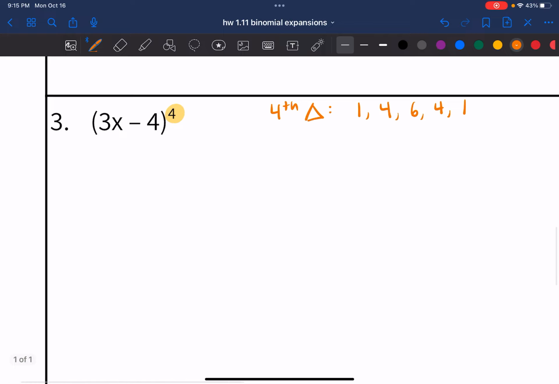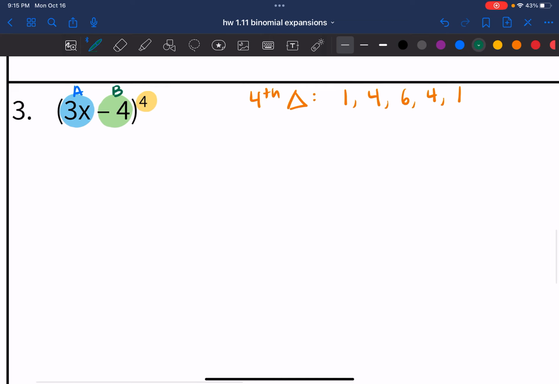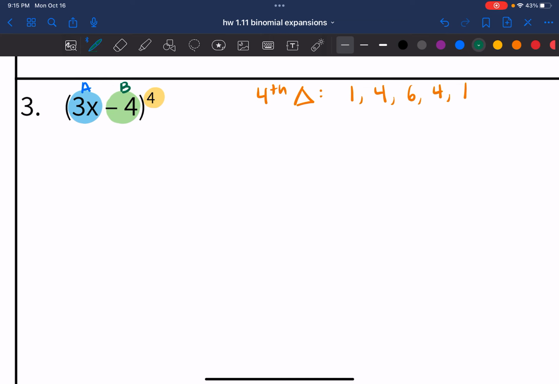When you're looking at this binomial, you're going to separate it into two spots. This first term, the 3x, is going to be our A term. And negative 4, making sure you include the minus sign in front of it, is going to be our B term. When we start expanding, we start with whatever coefficient the triangle tells me, so I'm going to start with 1.